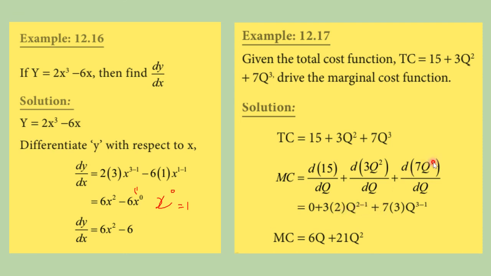Next, bring the power to the front. 3 into 7, 21. Then q power of 3 minus 1. So it gives you q square. So the answer is, leave out the 0. 3 twos are 6. q power of 2 minus 1 is q power of 1. You can write the 1 or just write q. 7 threes are 21 q square.